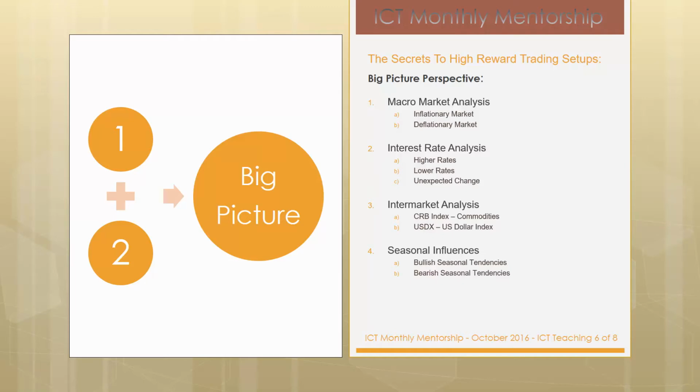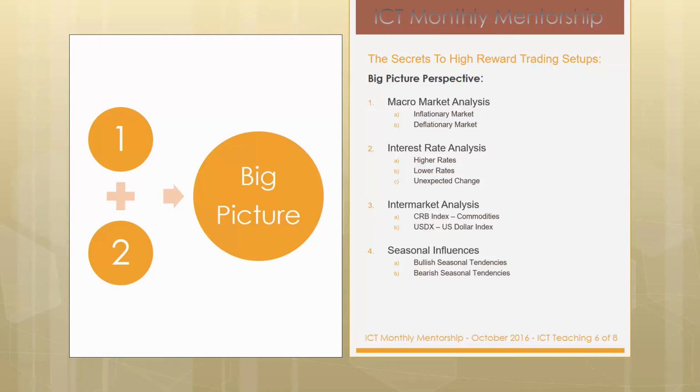speaking in terms of, are we in a bullish seasonal tendency for that asset class or pair or currency, or for the dollar for that matter, or commodities. If we're studying commodities, there's a large seasonal influence that has an effect on commodities, and if we see that, obviously that's going to be mirrored in what we see in the dollar index.